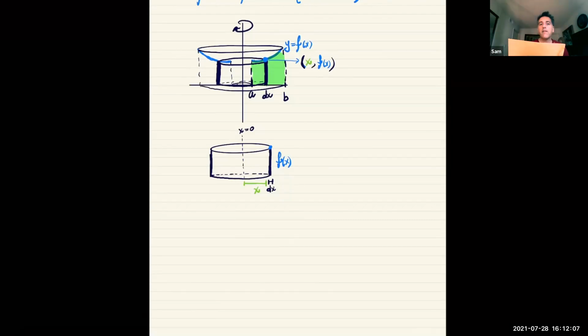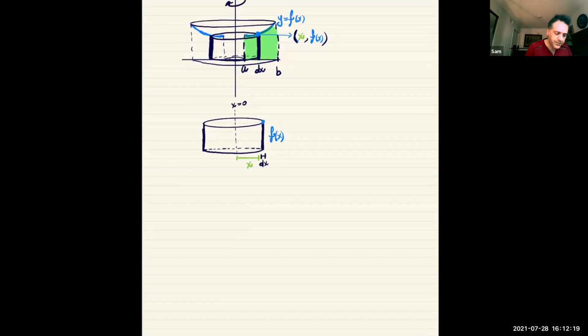We are finding the volume of this rectangular box. Why volume? Because again, there's still a thickness. We have a little bit of a thickness over here. So cut it open. Open it up.